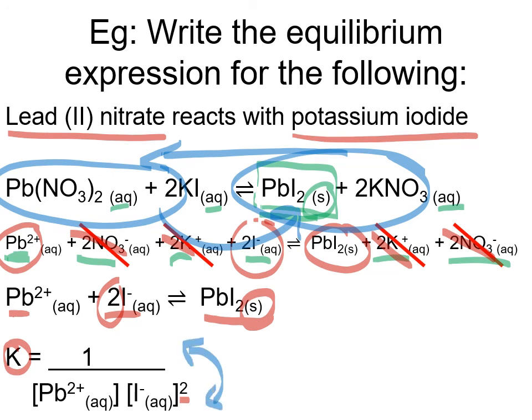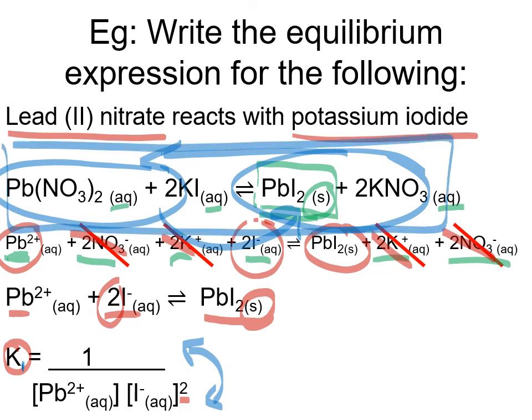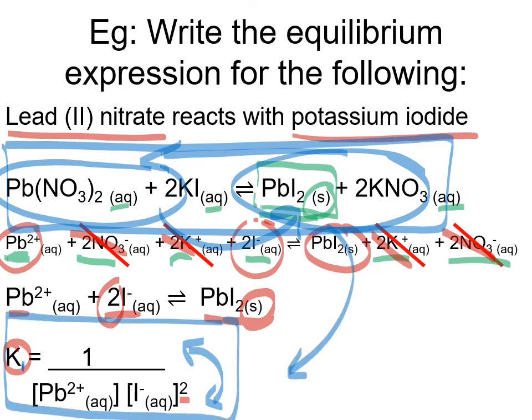Now realize the K in that case would not be the same K, it would be the reciprocal of the first K here. And so dependent on how the reaction is written, you have to write it out, and then your equilibrium expression will apply to how that reaction is written. If you decide to flip the equation around, you're going to have to also flip your K expression around as well.